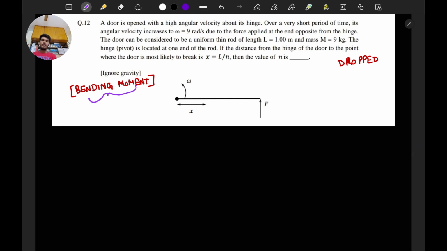So I'm not going for the solution of this question in this video. If you want the solution, I will make a separate video for it. But I don't think this concept would come in tomorrow's exam in JEE Advanced, and even if it does, it would be dropped just as it has been done in the sample paper as well.